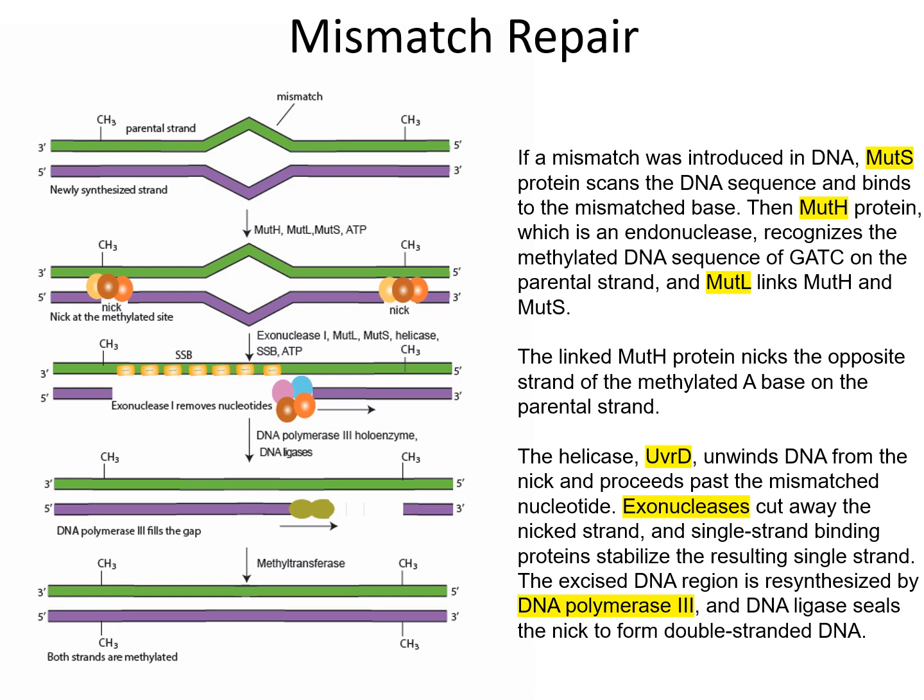Exonuclease cuts away the nicked strand, and single-strand binding protein stabilizes the resulting single strand. The excised DNA region is resynthesized by DNA polymerase III, and DNA ligase seals the nick to form the double-stranded DNA. So this is the mismatch repair to remove the mismatched nucleotide.